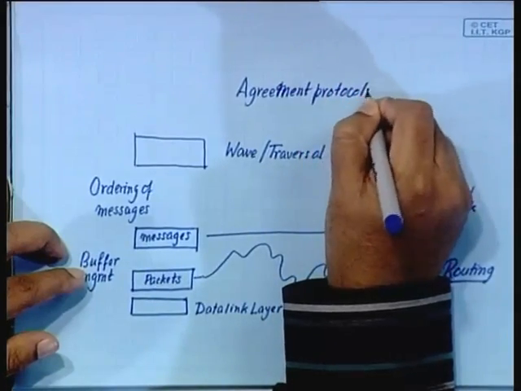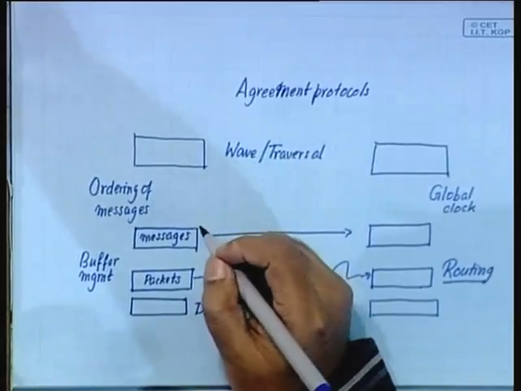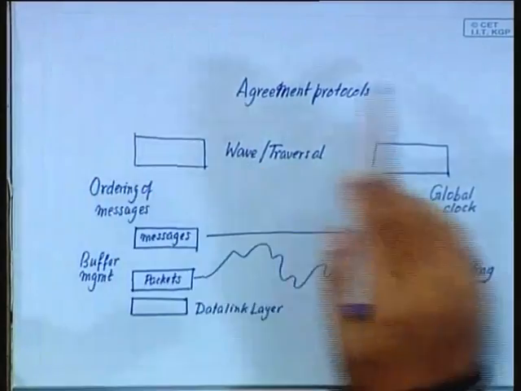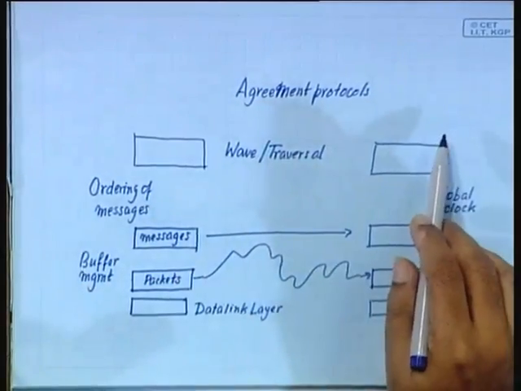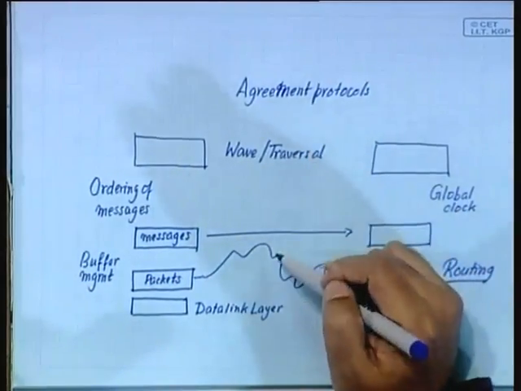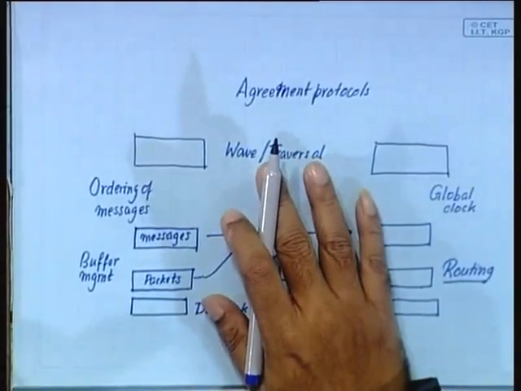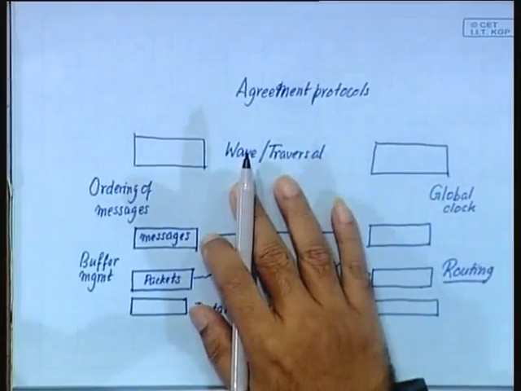The muddy forehead example was one example of agreement protocols. We are going to see some of them. This is going to come under the distributed computing area, because all of these are fundamental to any distributed system which is implemented. All of these problems appear in all distributed systems.